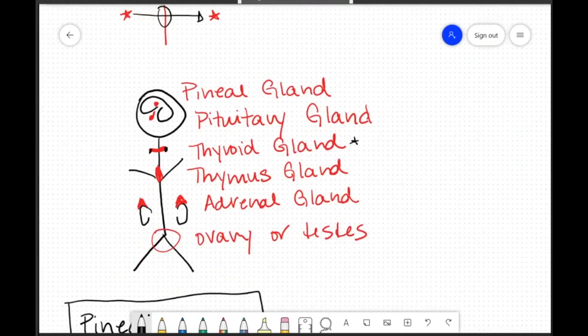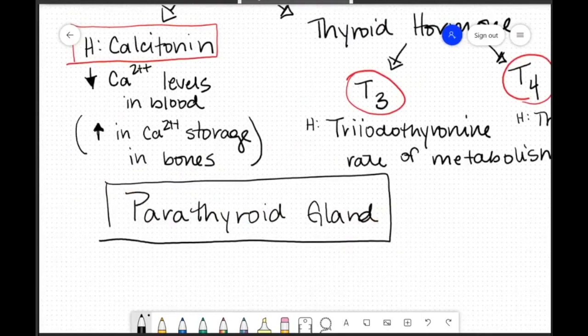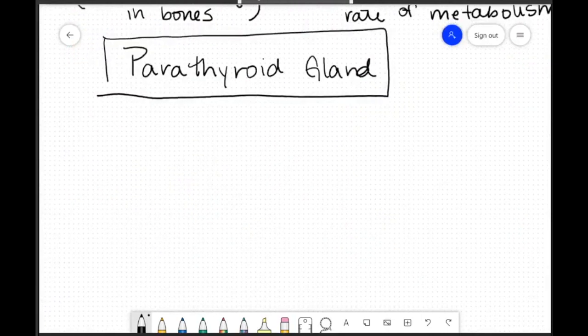Para means next to. So it's essentially where the thyroid is, but it's just right next to it.